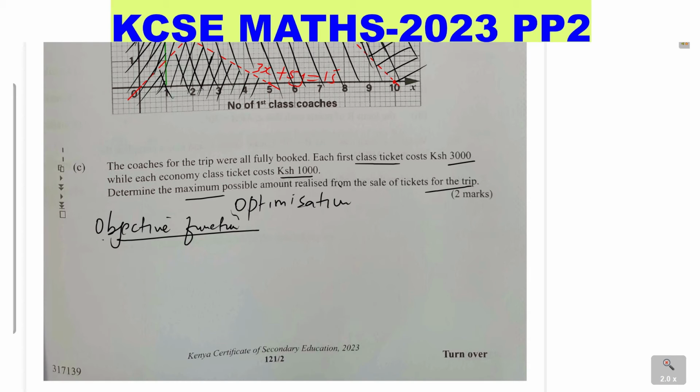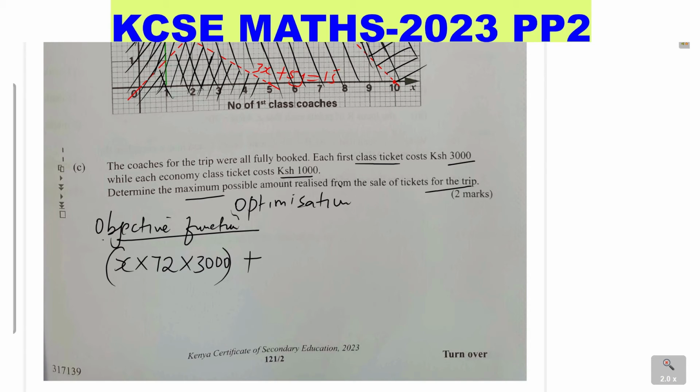We have X number of coaches for the first class, each coach carries 72 passengers, and each passenger, that is each ticket, pays 3,000 shillings. That represents the amount of money obtained from the first class coaches.